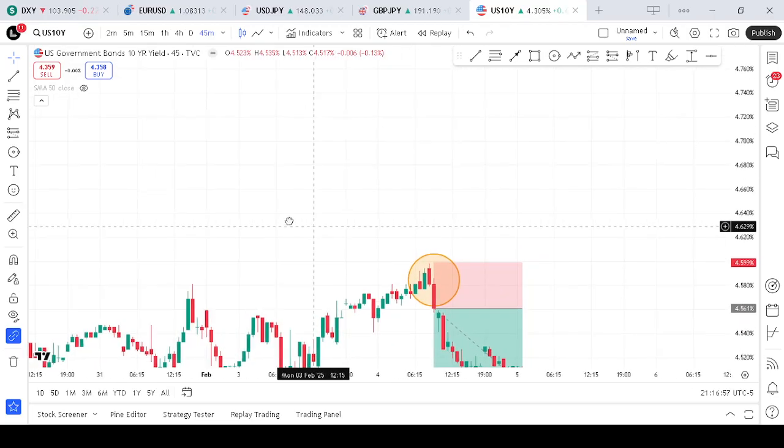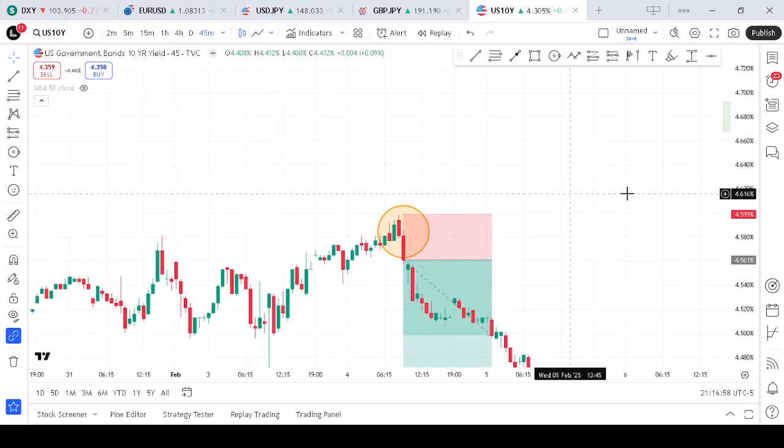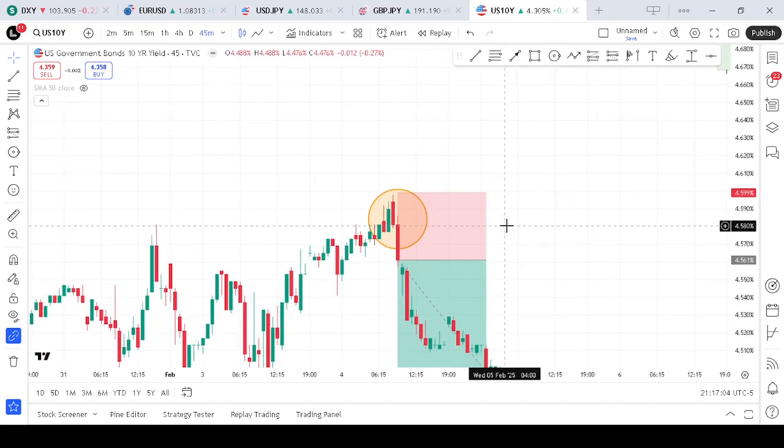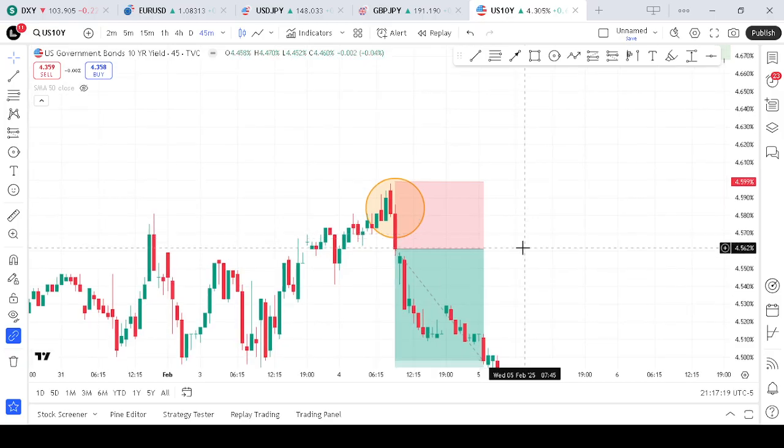Always place your stop loss above the high of the second candle, as you can see from my screen, to avoid being stopped out by market fluctuation. And always risk 1 to 2% of your account per trade.